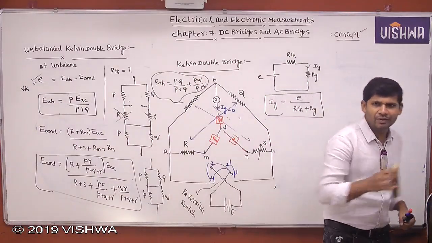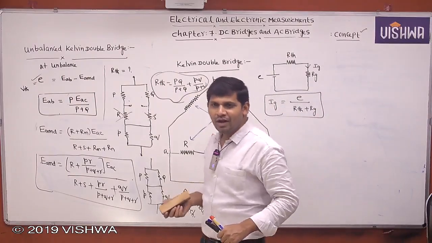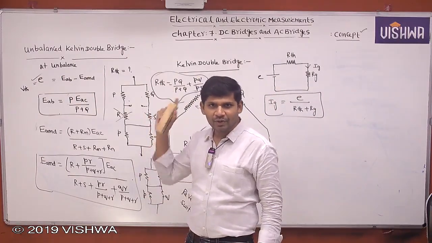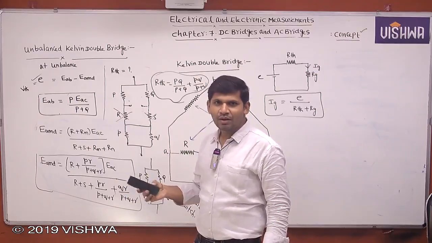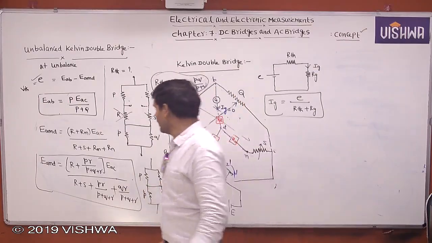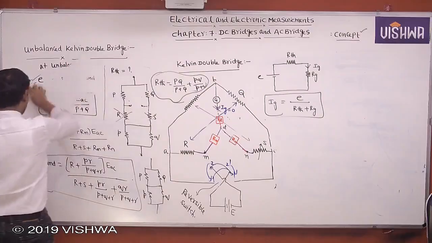This is a simple method for measurement. In detail about the potentiometer, how to measure the voltage, I already discussed in the previous chapters. But here, a small formula I want to write on how to measure the resistance by using a potentiometer.